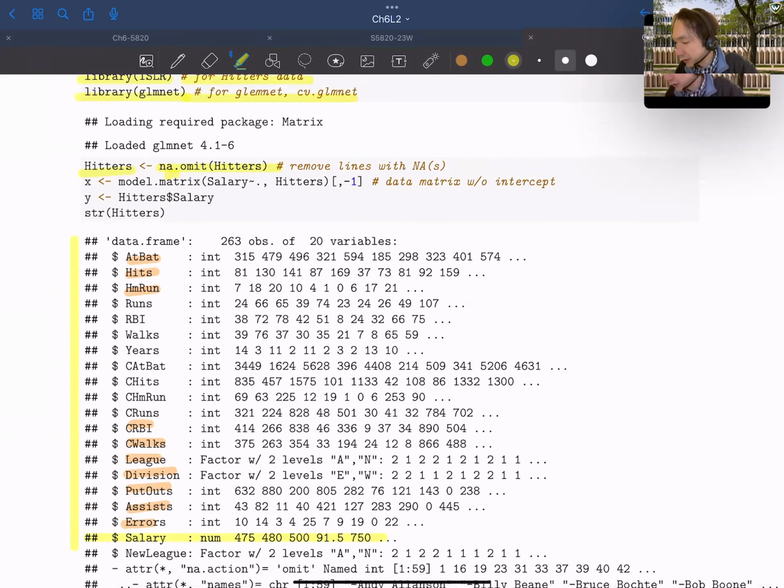Then we want to fit Y on X. At first, we have to prepare the model matrix. In linear regression, we have the matrix form Y is equal to X beta plus epsilon. This X is called the model matrix, here the model matrix of the Hitters data set.